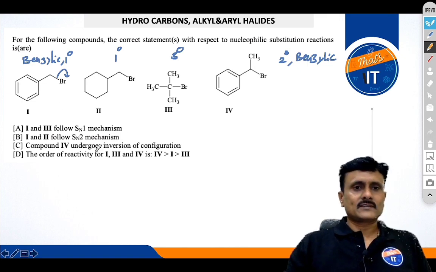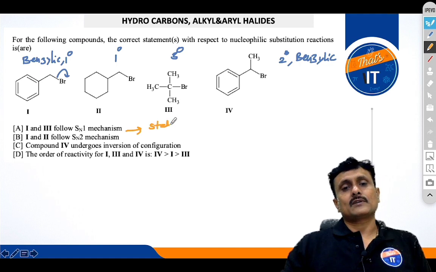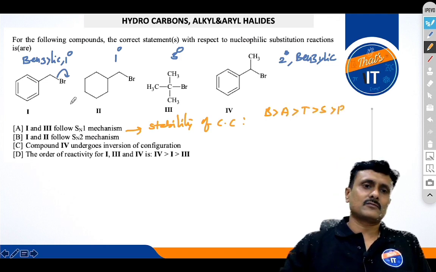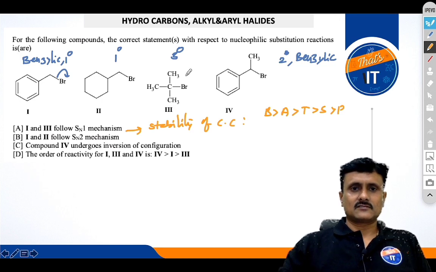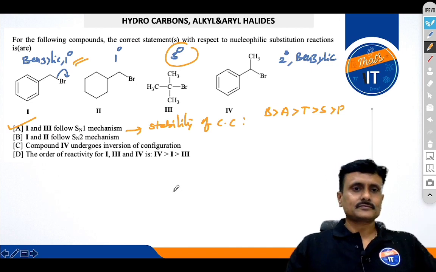SN1 goes as per what? The stability of carbocation. And as far as stability of carbocation is concerned, benzylic, allylic, tertiary, secondary and primary is the order, isn't it? Therefore, 1 and 3, this is 3 degree and 1 is benzylic. Hence, 1 and 3 follow SN1 mechanism is absolutely true.